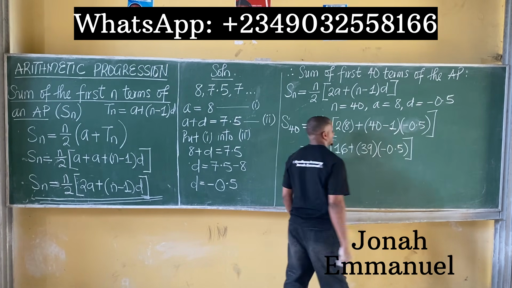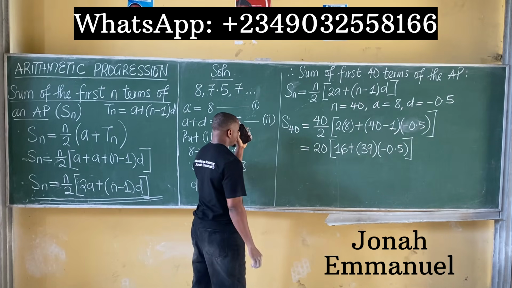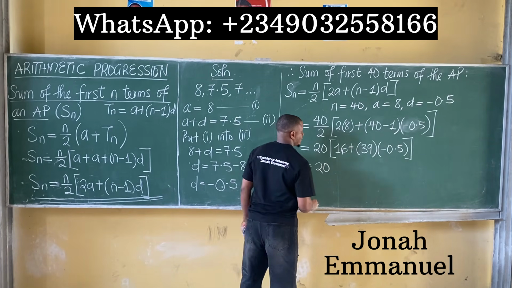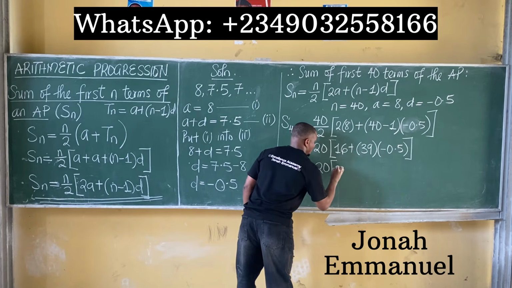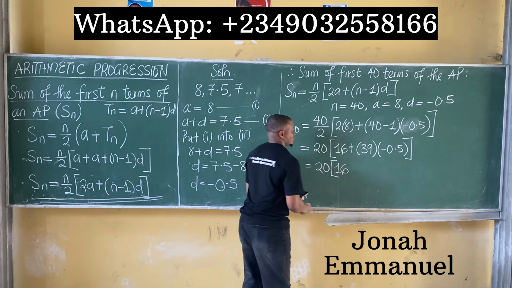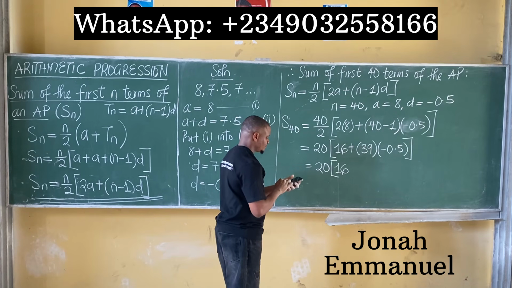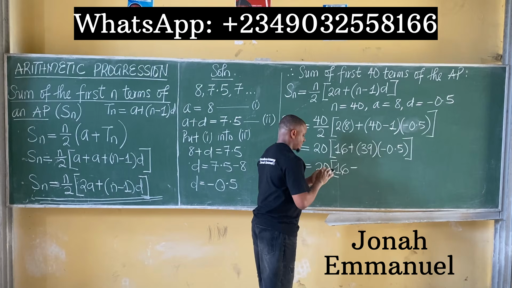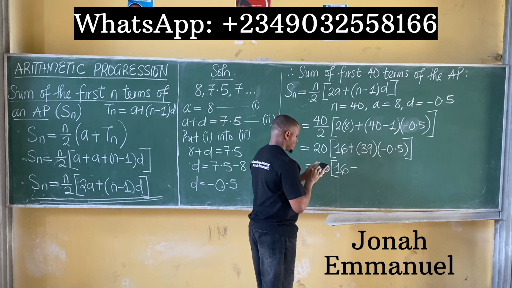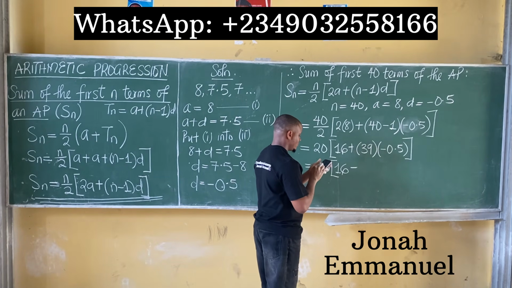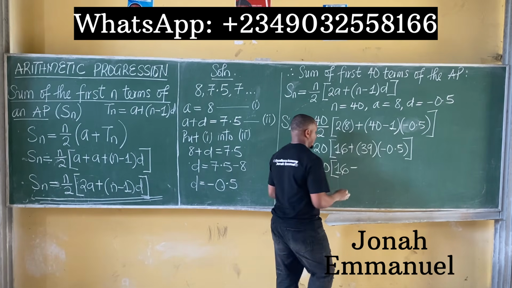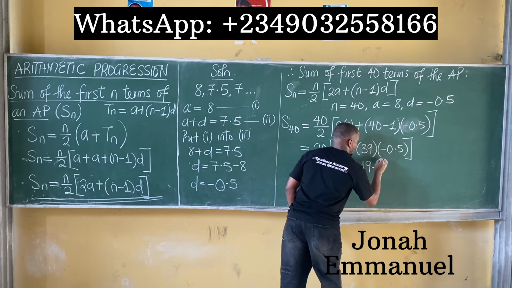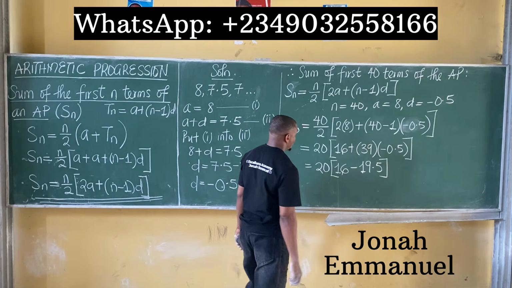Let me just punch this real quick. Of course, plus times minus gives you minus. Next up is 39 times 0.5, and that's about 19.5.